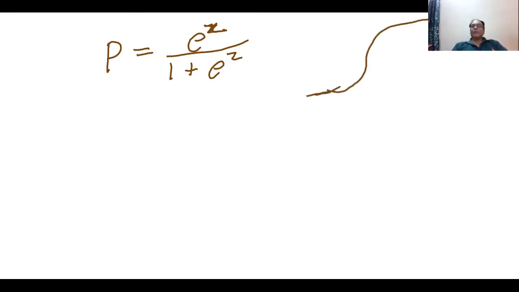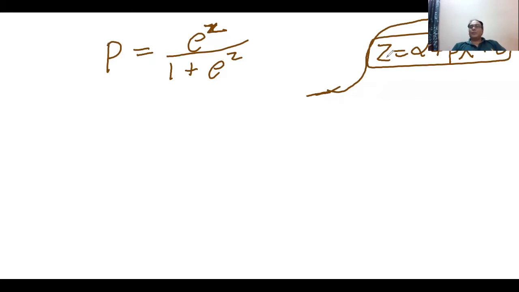It is a sigmoid function, and this behavior is very close to the probability behavior. So we started with this. Now what is z here? z is equal to alpha plus beta into x plus error term.